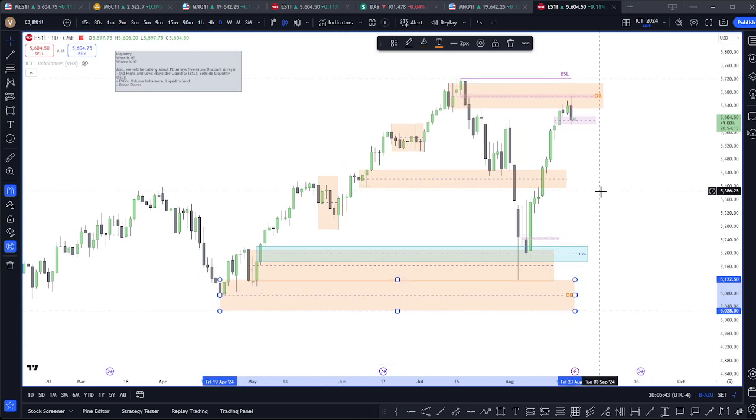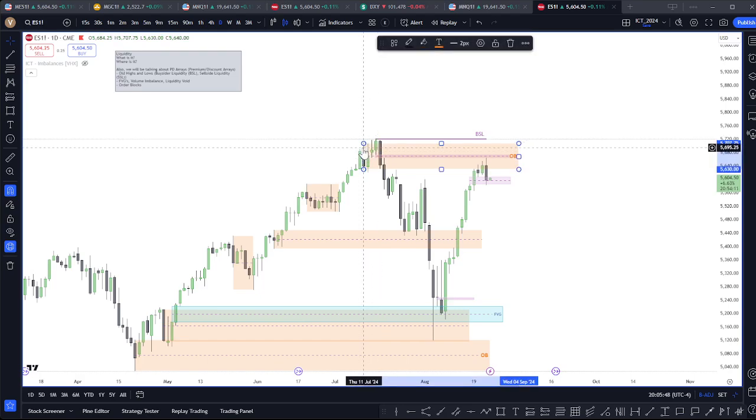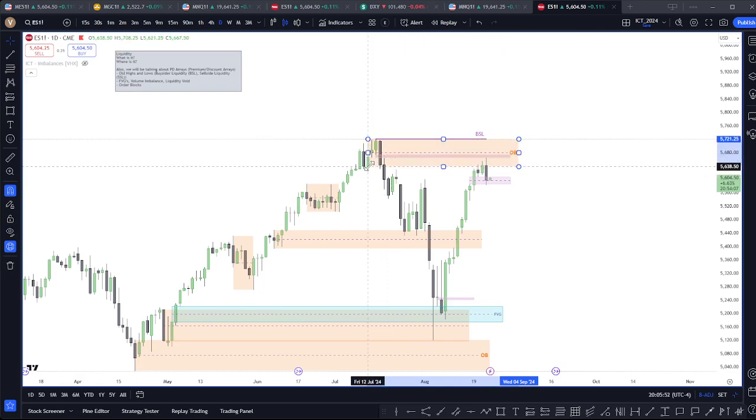Okay. So this was the order block. Sorry, this one was the order block here. This whole thing, actually. This was the order block here. Last up close candles in an uptrend. Sometimes you'll choose one, sometimes you'll choose the entire leg.